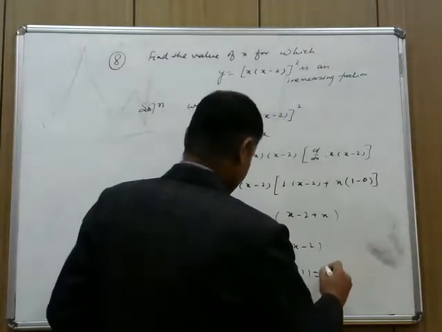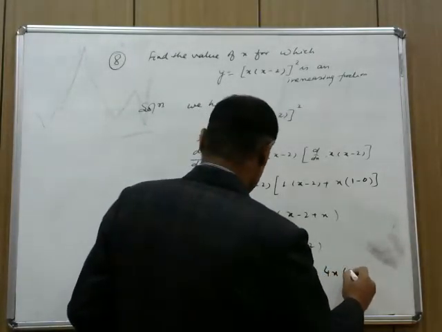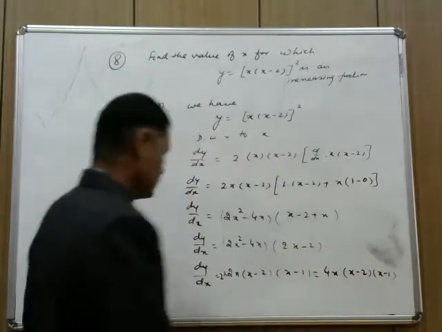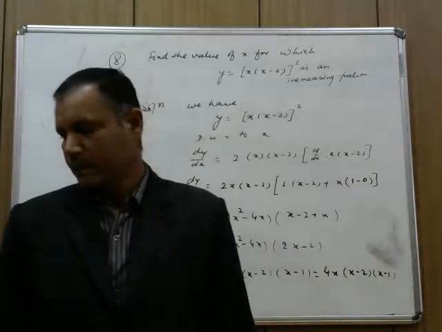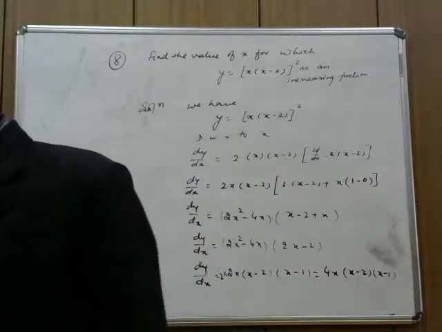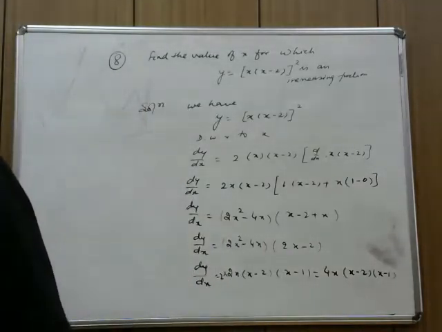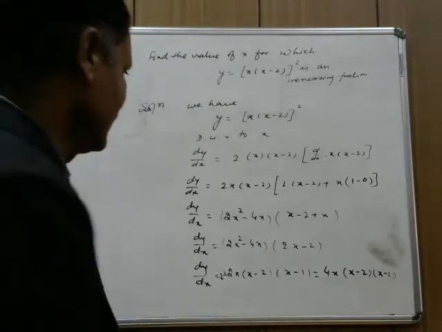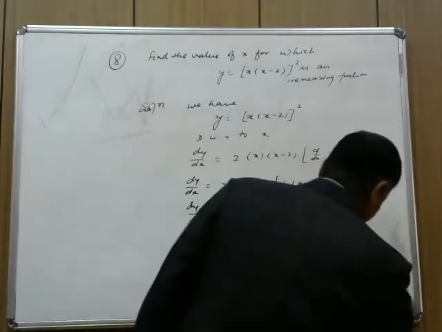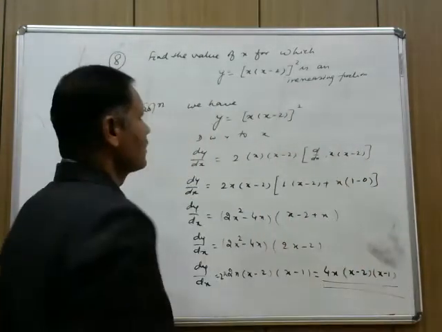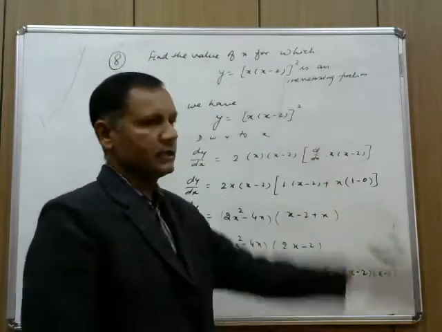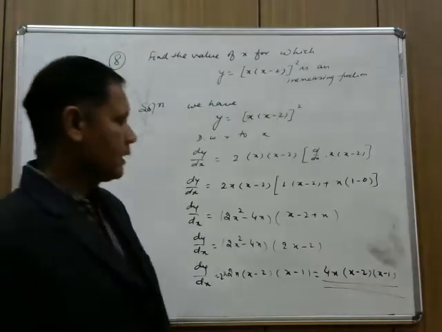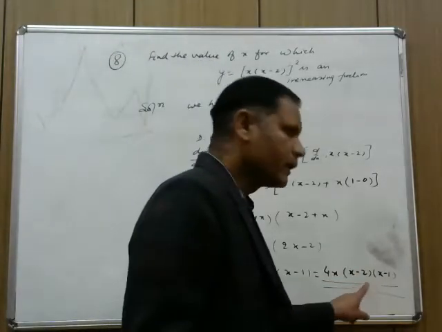So I am left with 4x into (x - 2) into (x - 1). This is your f dash of x. F dash of x is 4x(x - 1)(x - 2). And now we have to find the interval for which the given function is increasing, simply increasing. Okay. Now we know that we have 1 and 2 on the number line.